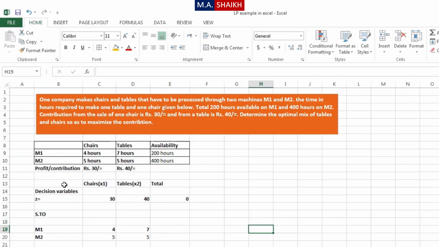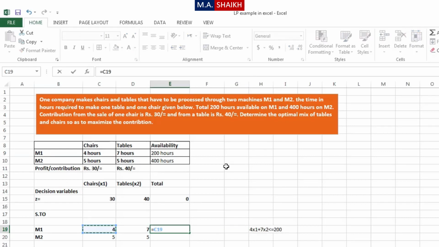We write this like 4x1 plus 7x2 less than or equal to 200.